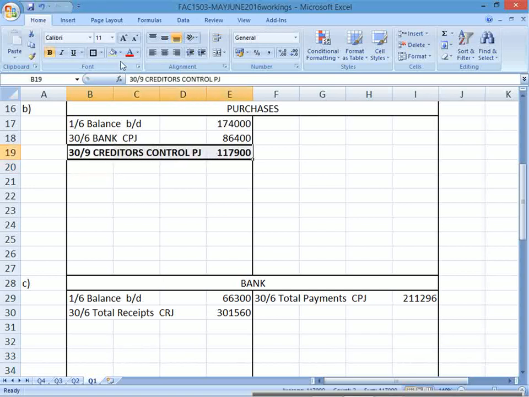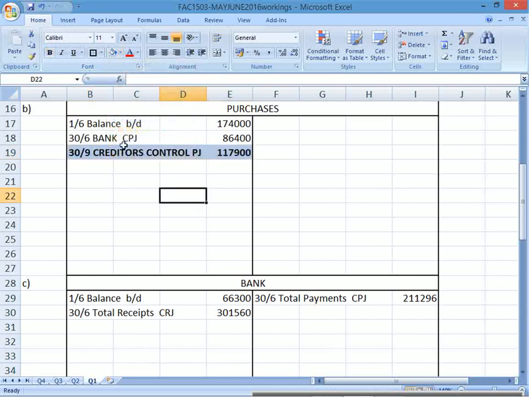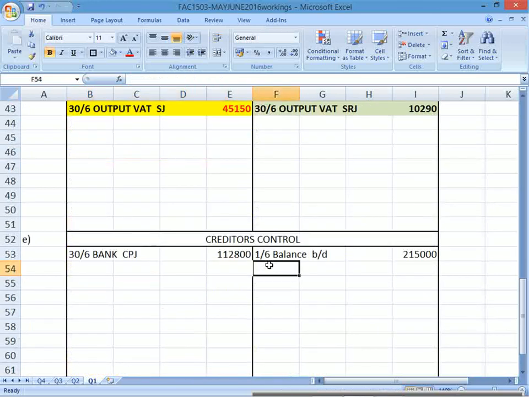So here's my debit. Where am I going to put my credit? Debit the purchases, credit the creditors. So there's the debit. Here's the credit.